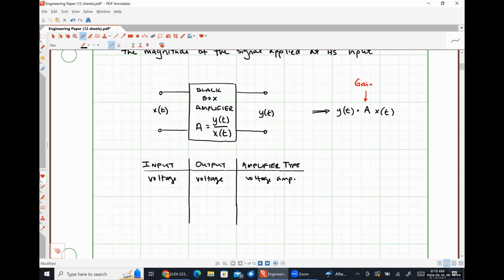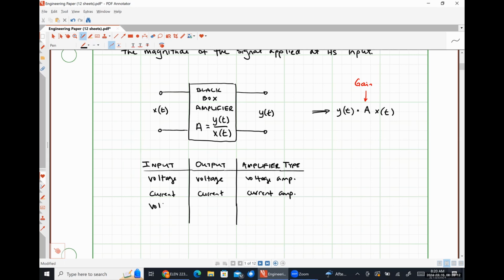We might also see something where we have current as an input and current as an output, and unsurprisingly, this means that we're dealing with a current amplifier.